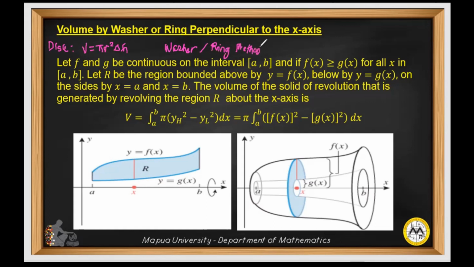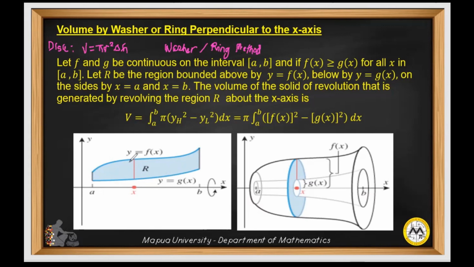Now, unlike the first method, in which the region R touches the axis of revolution, in the washer method we consider the region R which does not touch the axis of revolution, just like what is shown here in the figure. We have the region R, and the axis of revolution is the x-axis.